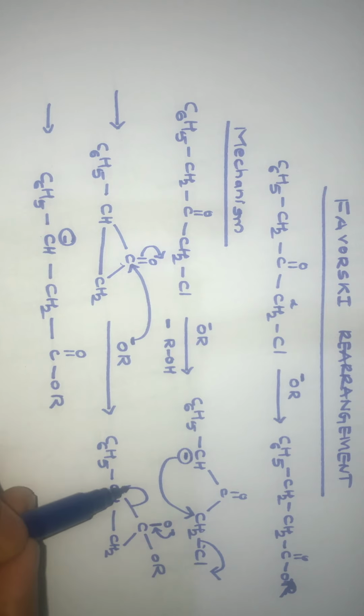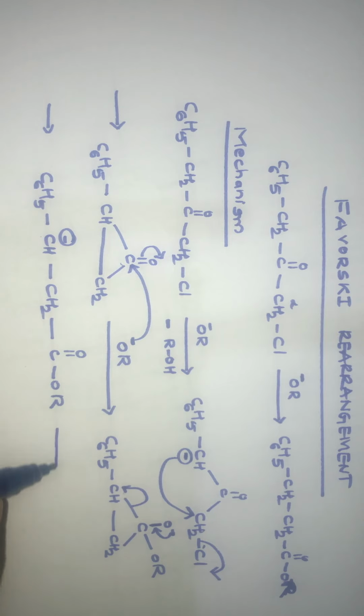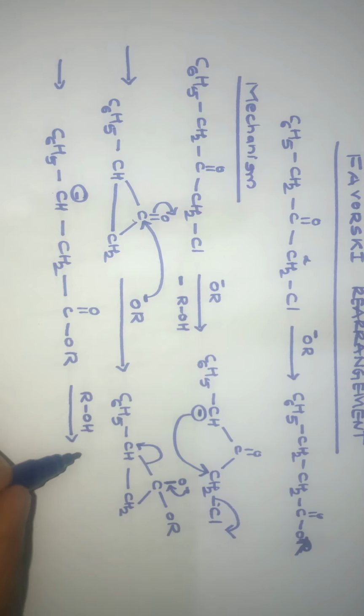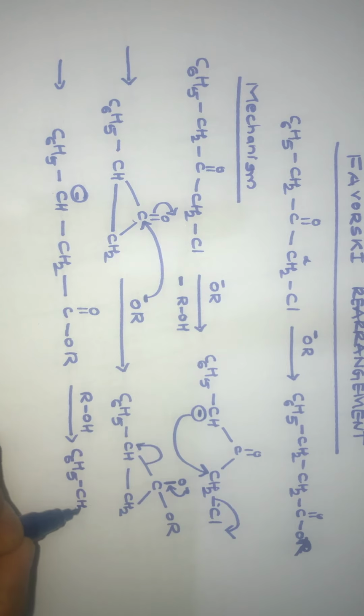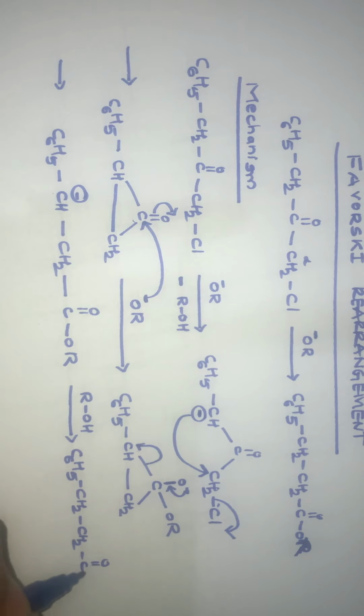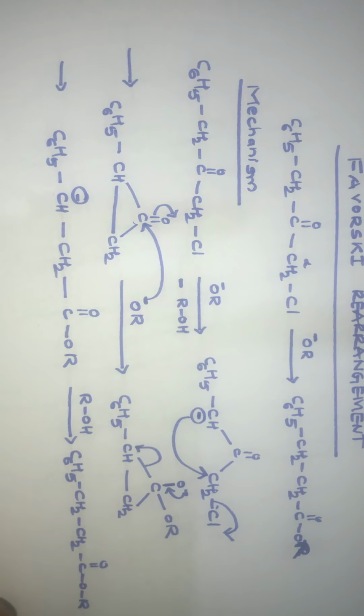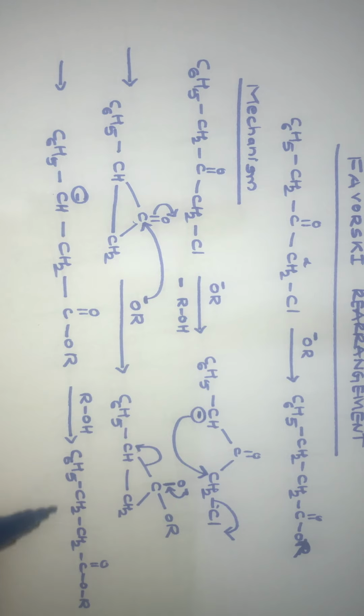So the bond breaks in this direction only. Then this takes up a proton from this alcohol and results in the formation of the product, that is C6H5 CH2 CH2 C double bond O OR. So you get an ester.